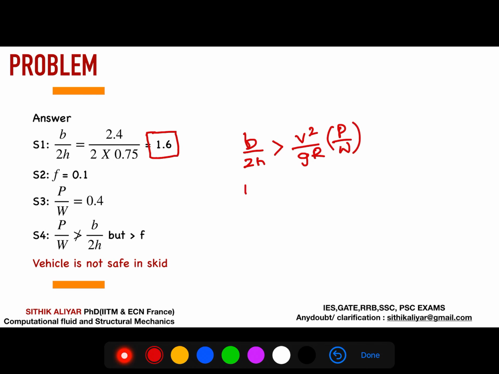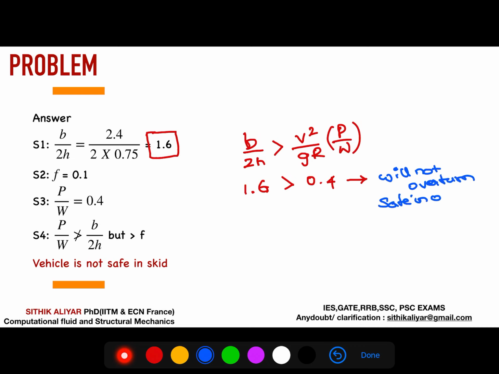Here we are getting this number as 1.6 and the centrifugal ratio is 0.4. So the vehicle will not overturn, or we can say it is safe in overturning.